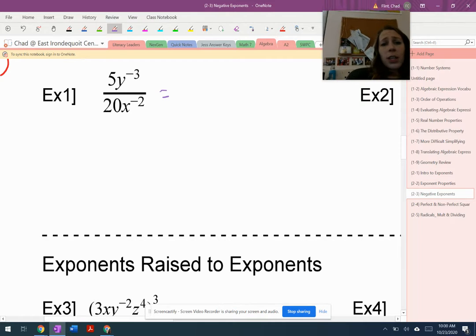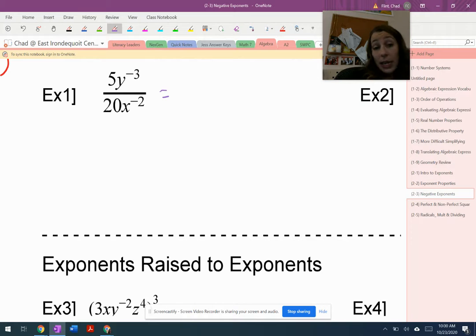The first thing I'm noticing is that I have y to the negative third on the top and x to the negative second on the bottom. Now don't be confused. That 5 and that 20 are not attached to that y and that x. They do not have the exponent of negative 3 and negative 2 like the y and the x do.